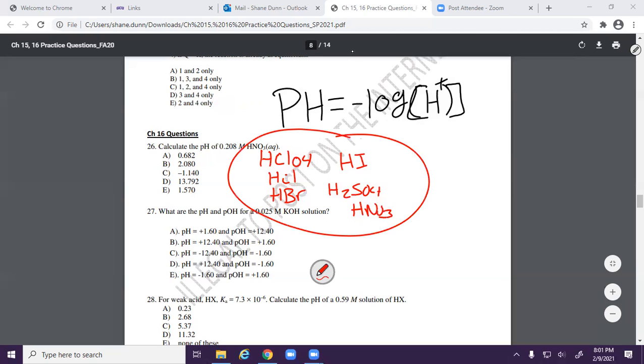These are our 6 strong acids. There's 6 there, not 7. There's 6 strong acids. These ones you have to memorize. HNO3. H2SO4. This one right here.